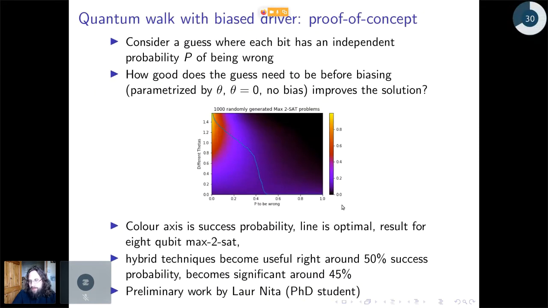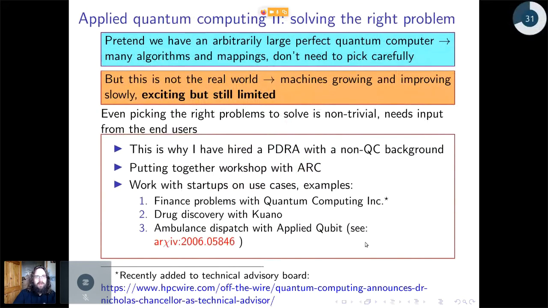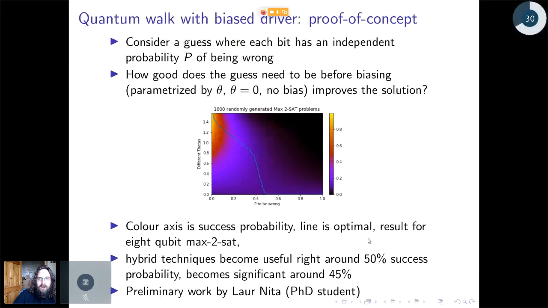So next, I'm going to quickly talk about another issue with applied quantum computing, and one that tends to be a bit overlooked. So far, I've just talked about how you might solve problems in quantum computing. I've said, okay, we have a problem, we'll model it as a Sherrington-Kirkpatrick or a maximum 2 satisfiability, mostly Sherrington-Kirkpatrick, except for this last slide.